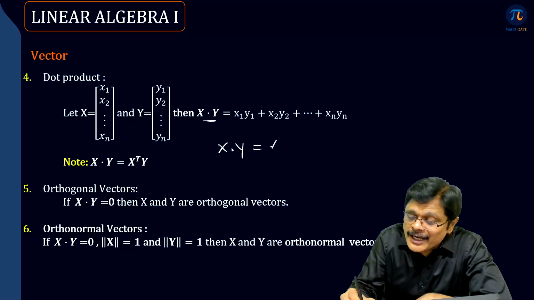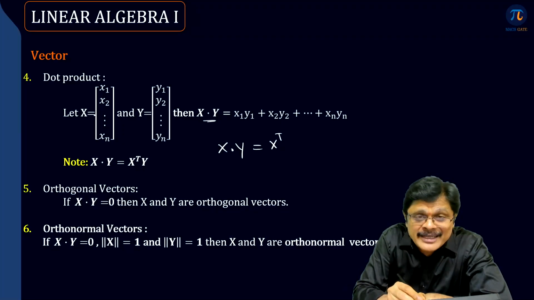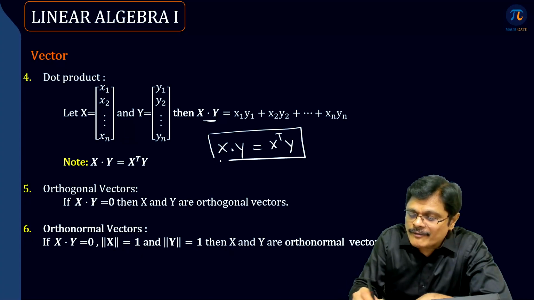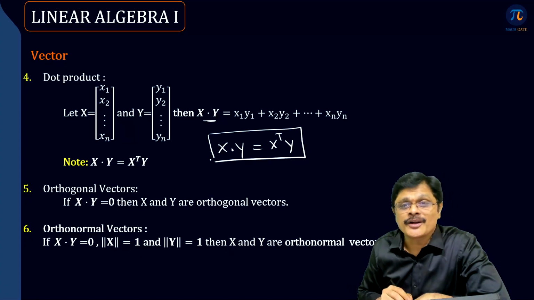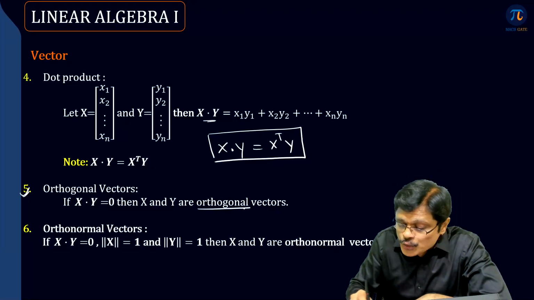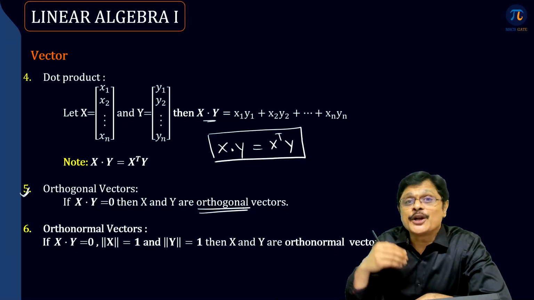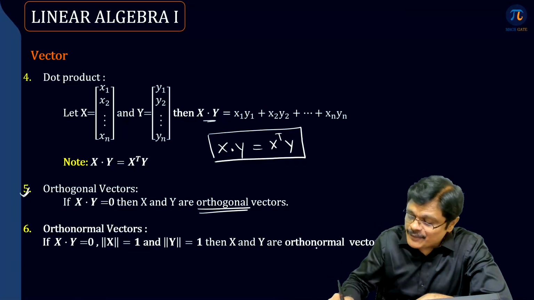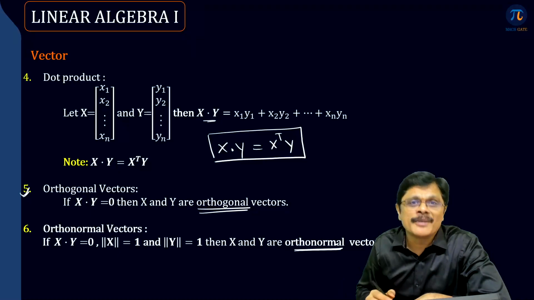For that, you take the transpose of the vector x and multiply with y. This is the dot product of two vectors. If the dot product is 0, then we call them orthogonal vectors. If the dot product is 0 and both vectors are unit vectors, then we call them orthonormal.